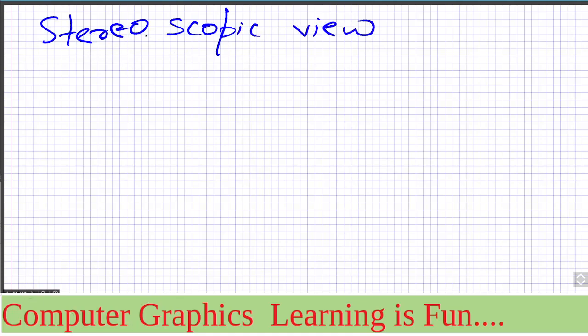What does this mean? It means how can you see a three-dimensional object? My question is, how do you think that you see a three-dimensional object?